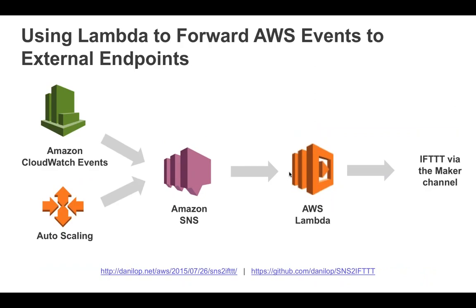The next example is using Lambda to forward AWS events to external endpoints. So if we have CloudWatch events coming in, something causes a CloudWatch event or alarm, the Amazon notification service then causes a Lambda function to run. We could then talk to an external outside service such as If This Then That, and cause external activities to happen.